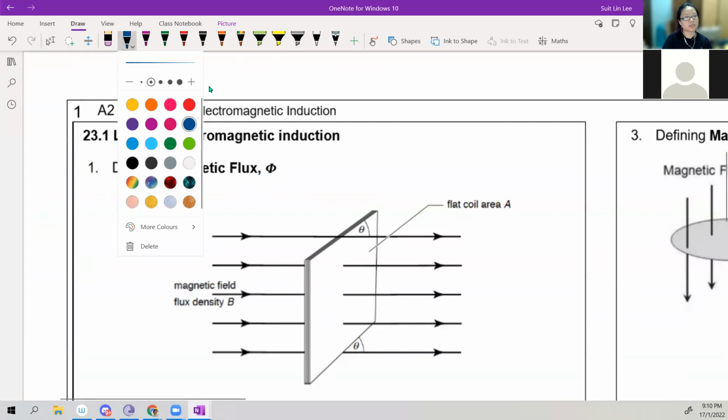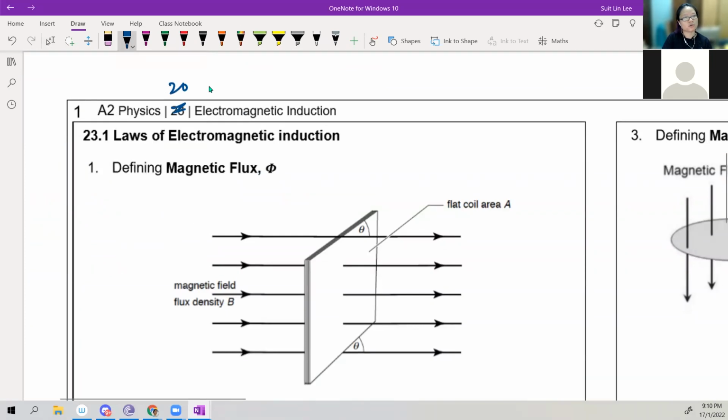We are still in chapter 20. Okay, so if you are following the syllabus, this one is chapter 20. Let's see. 20.5. Okay, so if it doesn't load, then the other recipe I got.